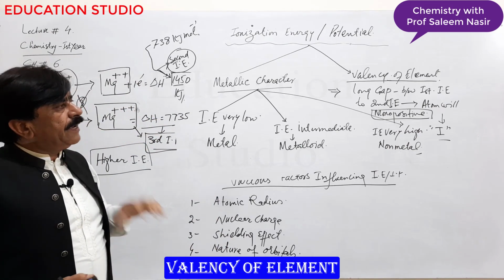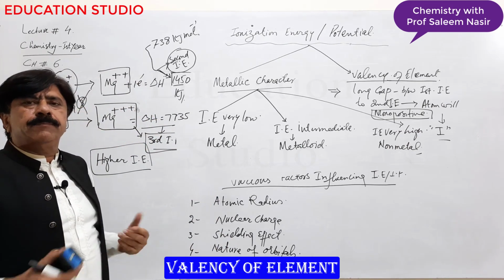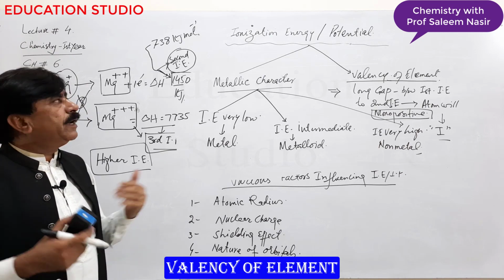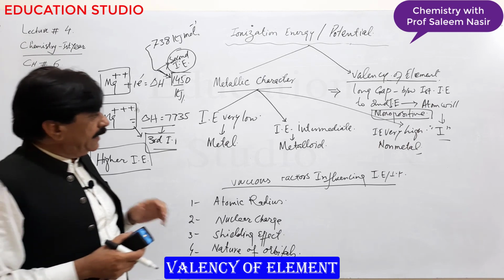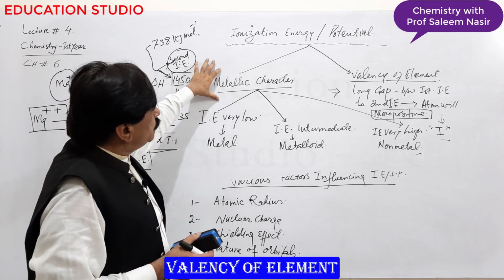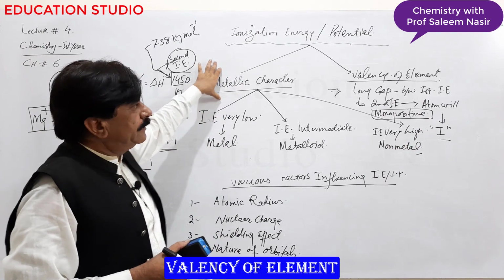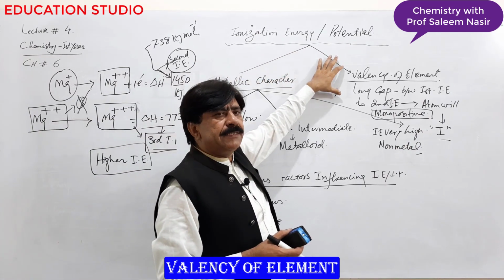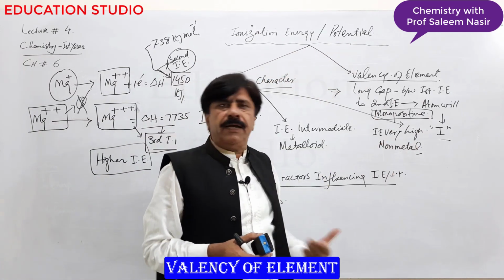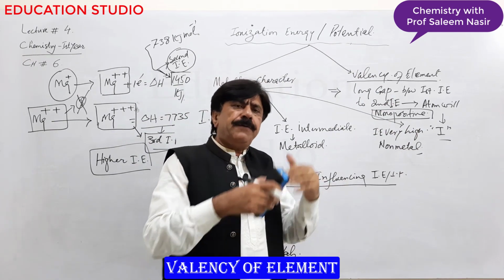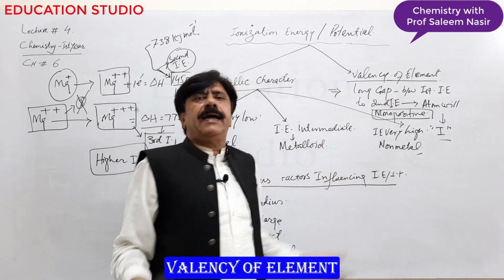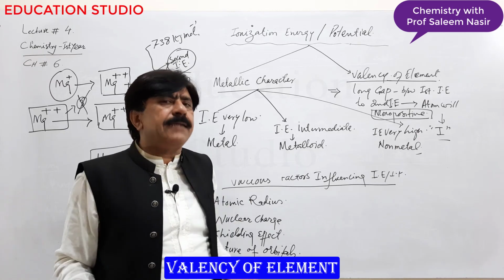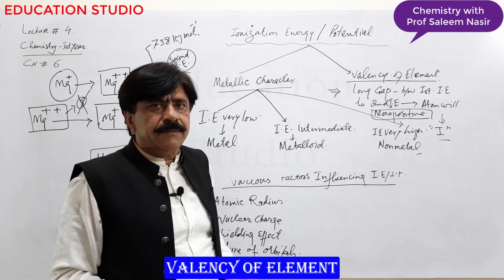So we can assume various properties from the ionization energies, like the metallic character and the valency of the elements, as indexes.